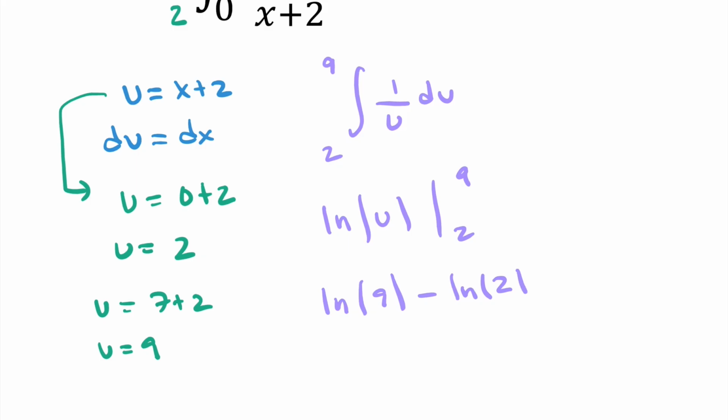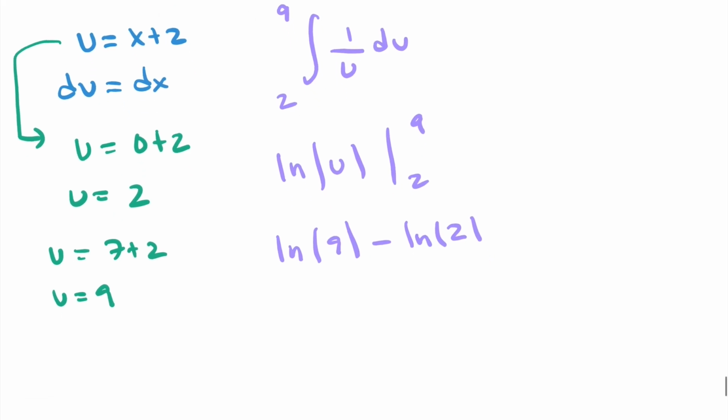I don't need to resubstitute in my x plus 2 for my u. And that's it. We can probably simplify, I think we're just going to write it as 9/2. Let me just see what's equivalent here. So ln of 9 minus ln of 2.